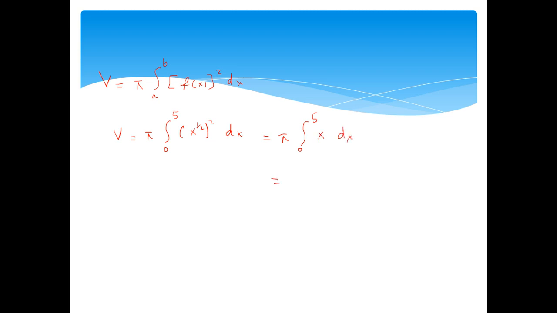That should be equal to pi times x squared over 2, evaluated from 0 to 5, and that should give you 25 pi over 2.